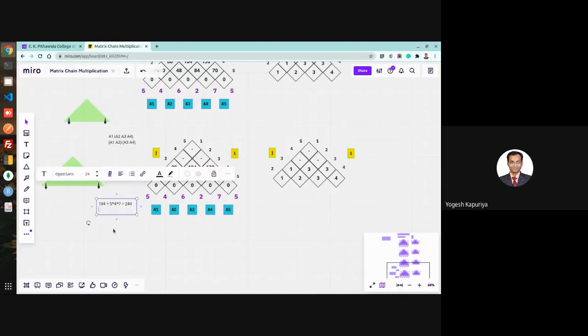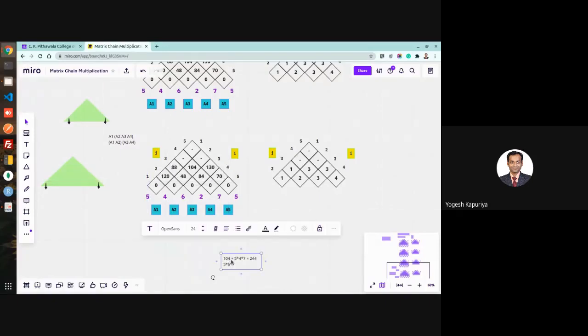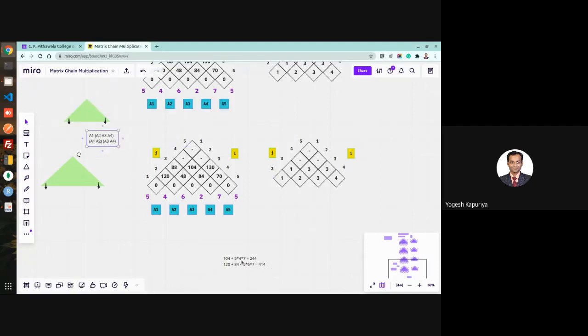So this will be 5 into 6 into 7, so that is 210. 210 plus A1, A2, that is 120, plus A3, A4 is 84, that will be 414. So this was about A1, A2, A3, A4.